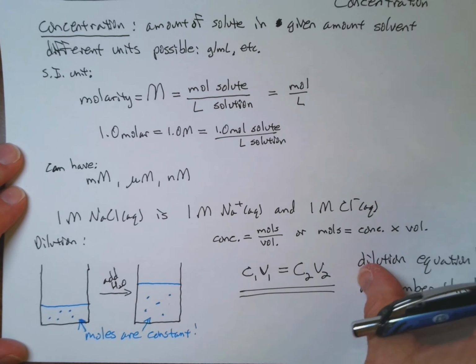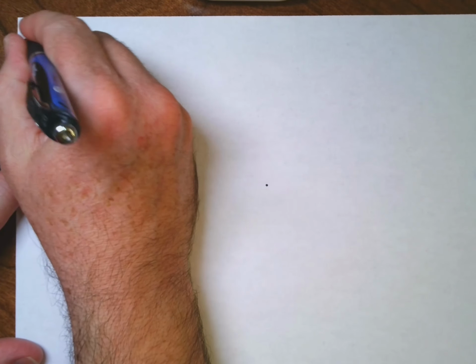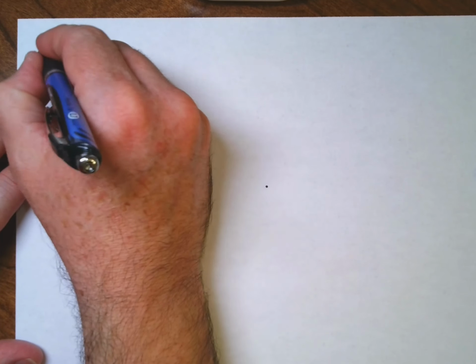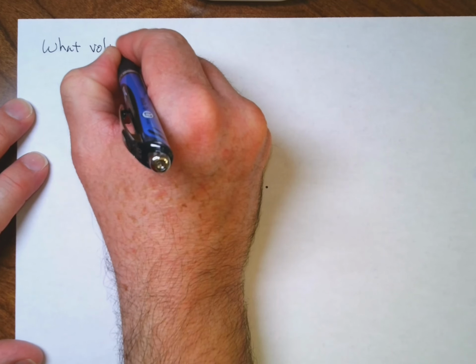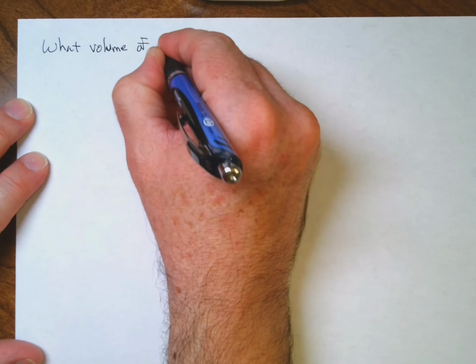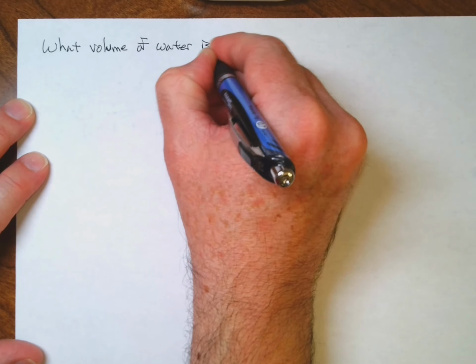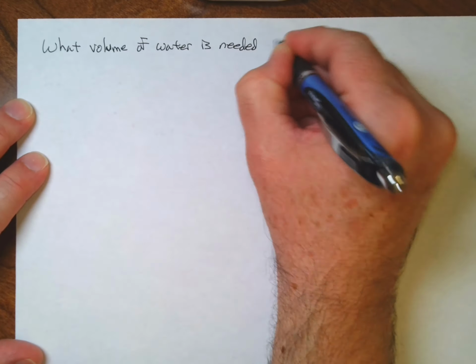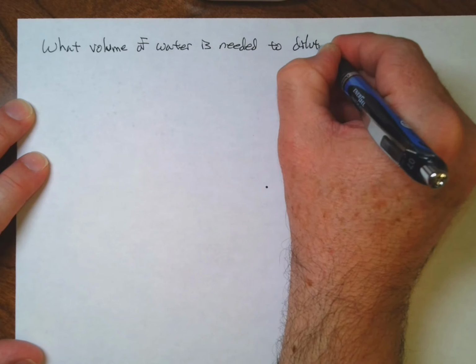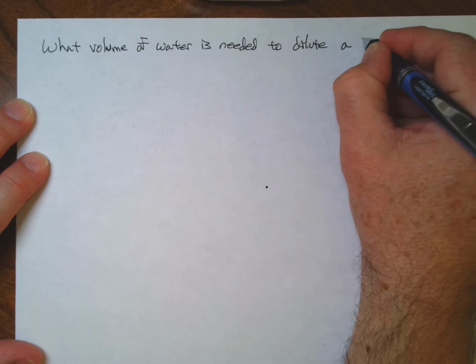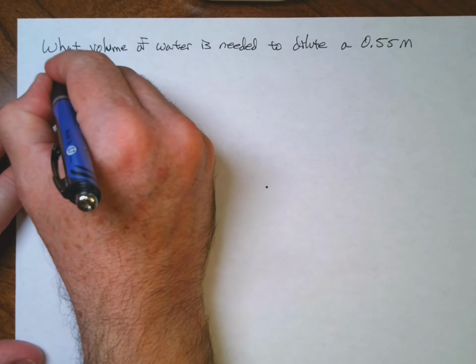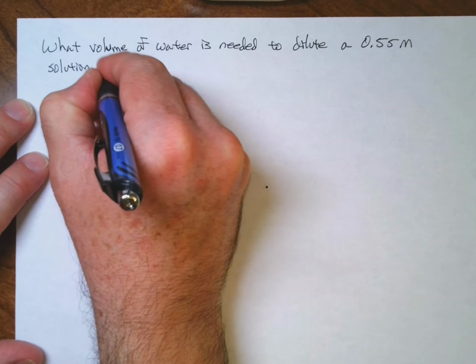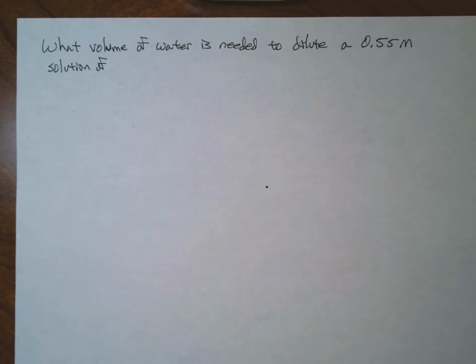So maybe let's just do an example here. What volume of water is needed to dilute a 0.55 molar solution of, give me one sec here.